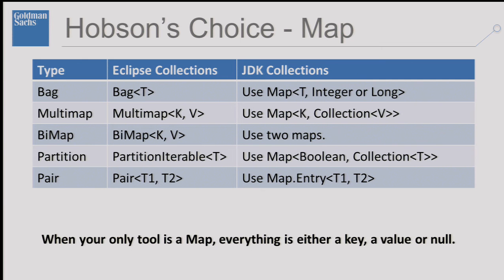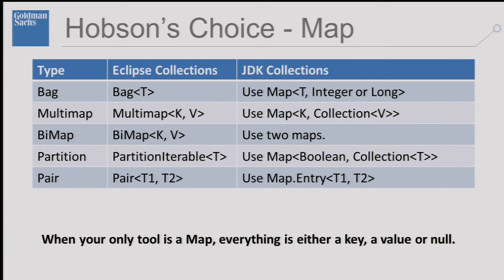You get more choice of collections. Eclipse Collections has bags. This is all stuff that you can do with Java, but it requires more boilerplate code with the standard collections. Bags are like sets, but you can store duplicate objects in them. To implement that in the JDK collections, you'd probably have a map of key to integer, where the integer would be the count of the objects of that type in the collection.